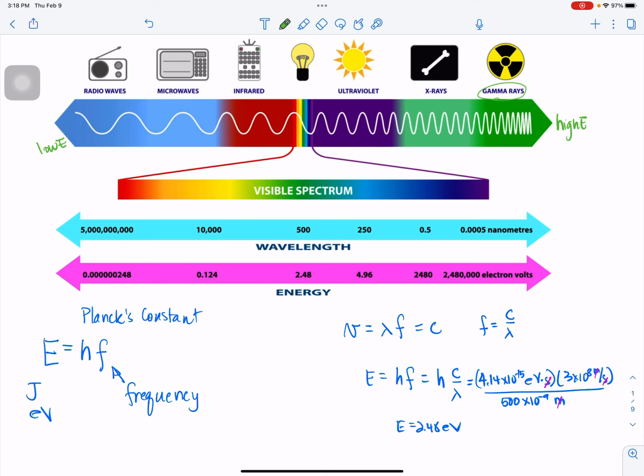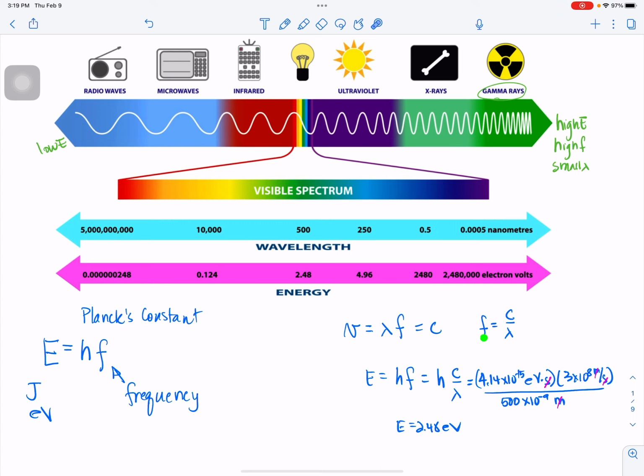And I can also tell by looking at this equation that frequency is proportional to energy, so that means this is the high frequency side, and that means this is the small wavelength, because when I look at this equation, I see that wavelength and frequency are inversely related to each other.